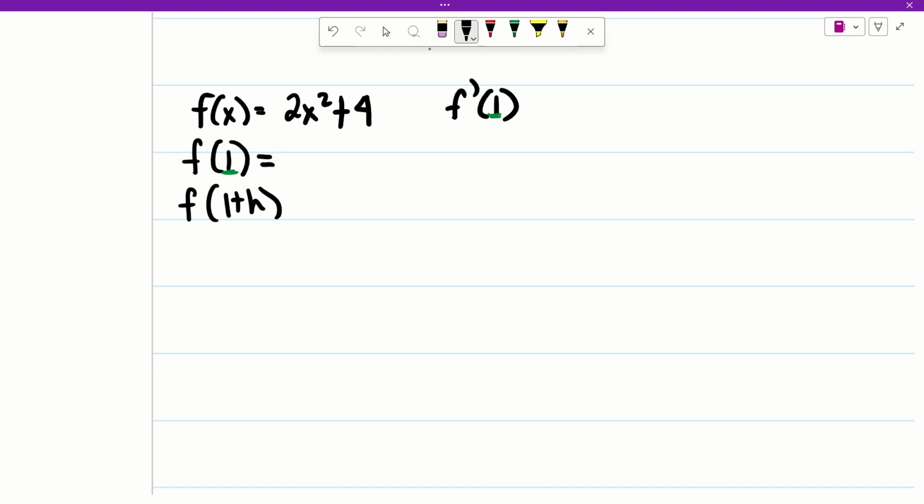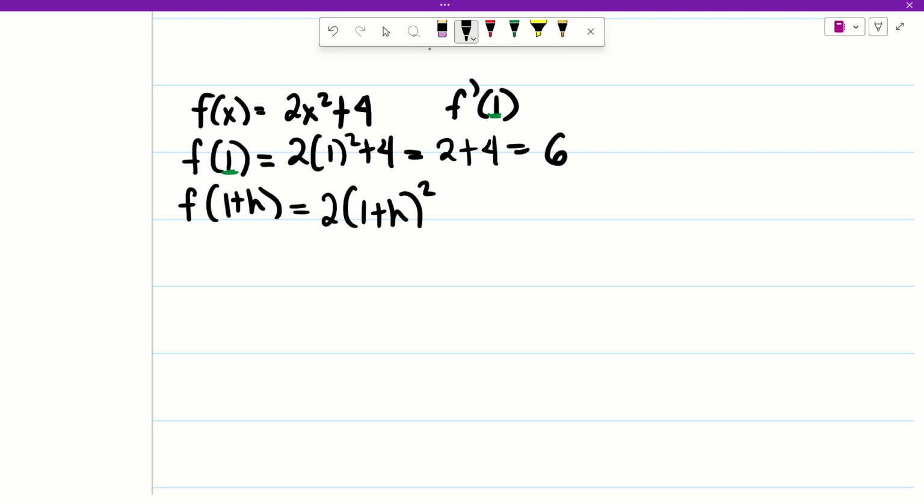Here we have 2 times 1 squared plus 4, which is 1 times 1 is 1, 1 times 2 is 2, 2 plus 4, which equals 6. Next we have 2 times (1 plus h) squared plus 4.